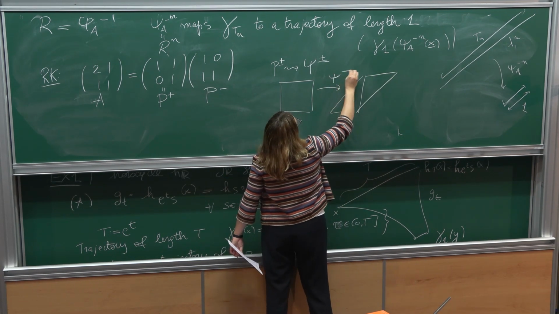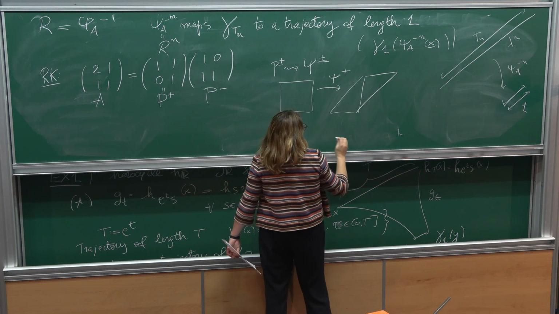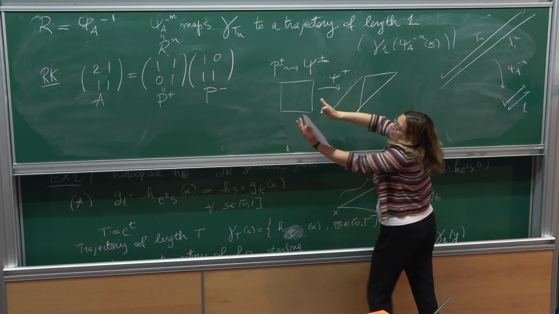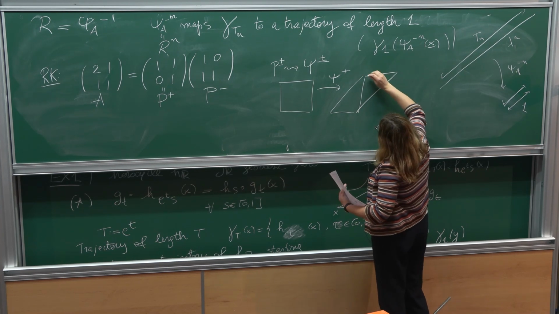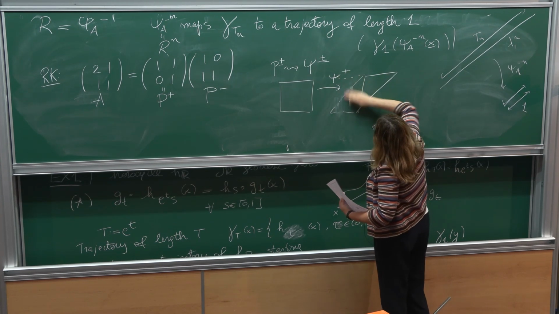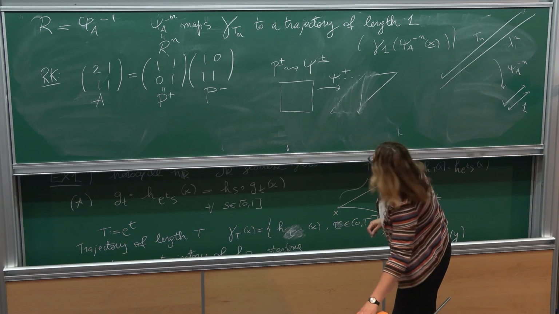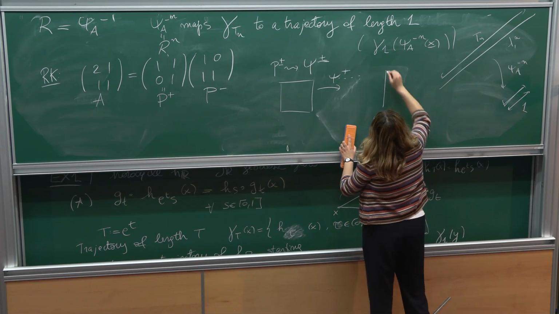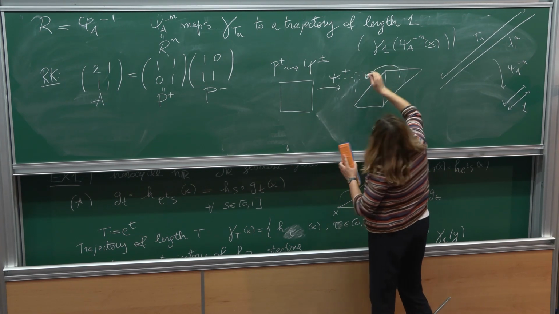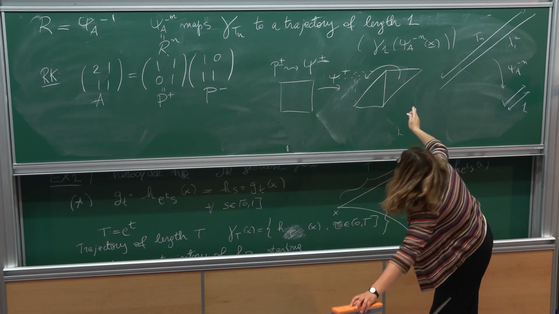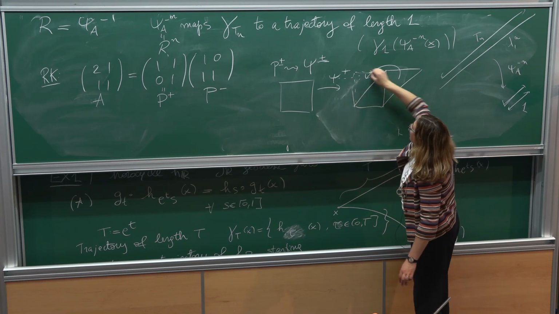So this is P plus. And you can think of it as a shear, and again, modulo cut and paste. Yeah, if I apply 1, 1, 1, I can get a sheared square, and then cut and paste to get, again, a square.